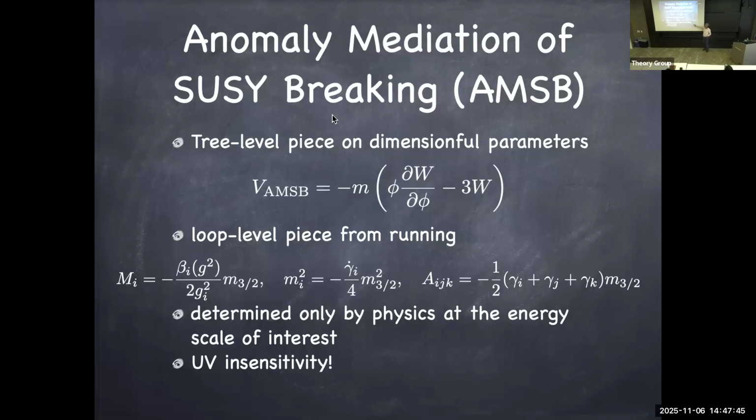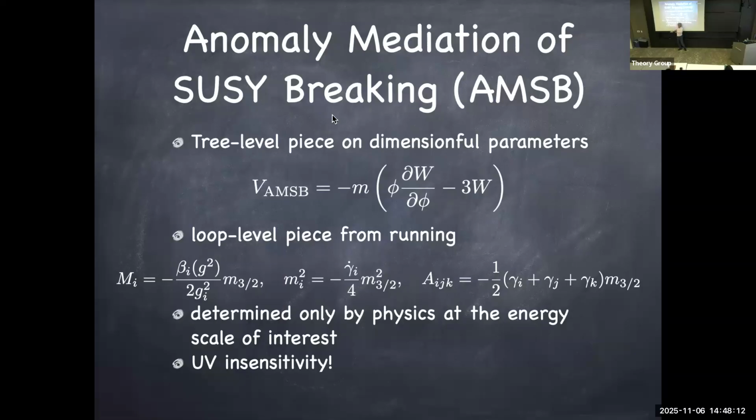Even more importantly, these formulas tell you that you only need to know physics at the energy scale of your interest to understand how supersymmetry breaking appears. So when you compute the beta function in QCD, you don't talk about extra gauge bosons at the GUT scale. You have already decoupled them. And this formula tells you that you don't need to know what's going on at the GUT scale.